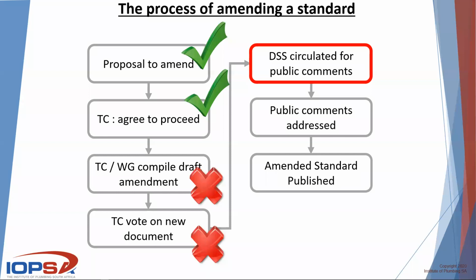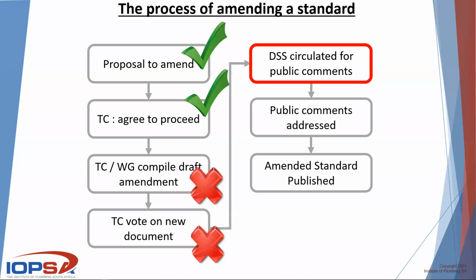In the case that we are dealing with today, what did happen is the proposal to amend did happen. The TC did agree to proceed with this, to reevaluate that and to create something. A committee draft has not been agreed on. So the technical committee did not agree on what the final draft should be.